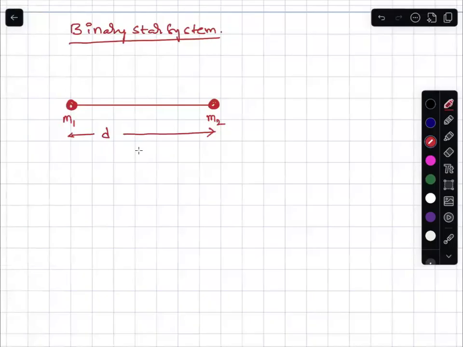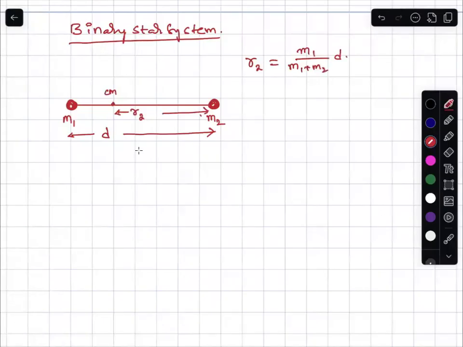And they move around their common center of mass due to gravitational force between them. Otherwise, if they are left like that, what will happen? They will move towards each other and collide. So now, say this is at a distance r2. We know from the formula of center of mass, r2 can be given as m1 by m1 plus m2 times d. Are we clear? Very good.